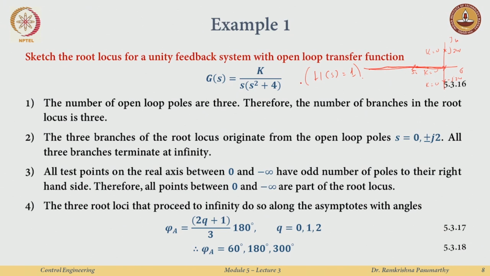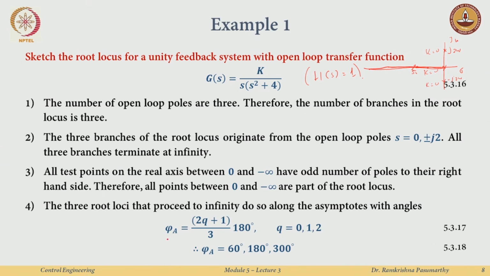So what about the other 2 branches? This one goes to infinity in this way, because the entire real line is on the root locus. Now how do the other ones go? I look at what kind of angles they make.